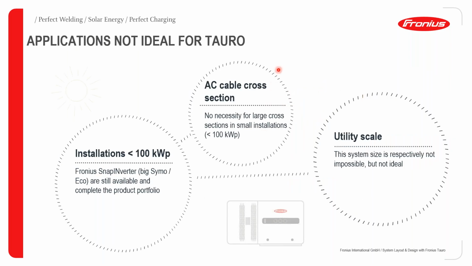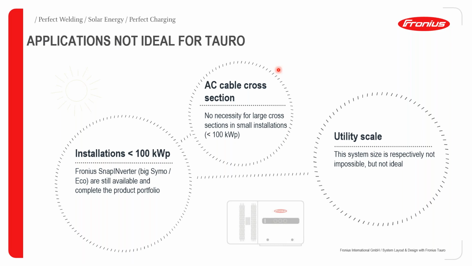So we can also talk about applications that are not too ideal for the Tauro inverters. If you have an installation that is going to be less than 100 kilowatt peak, you are probably best still going to find the Snap inverter series, the Primo as well as the Eco to be the best fit for this kind of installations.